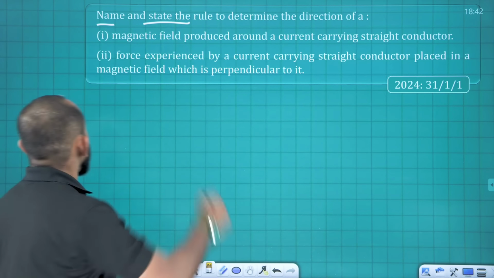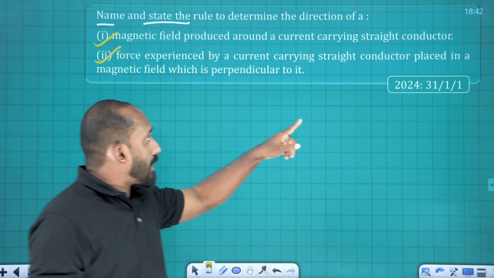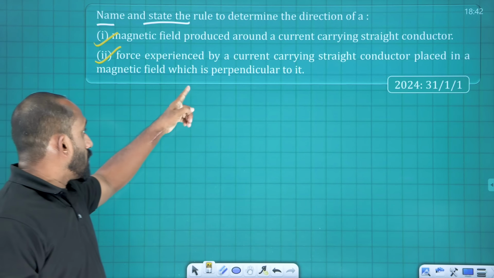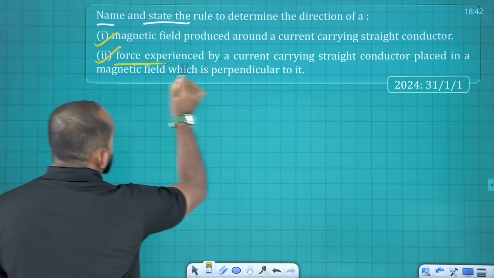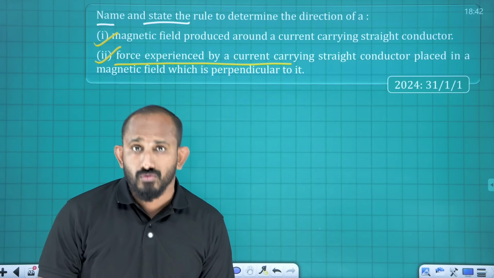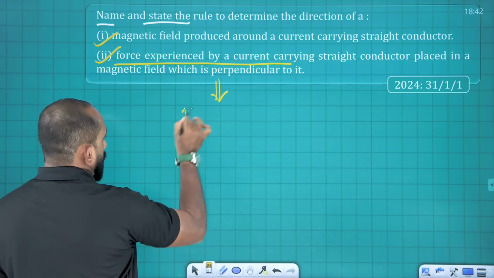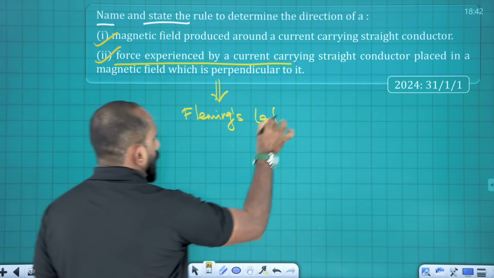Previous slide. Then 2. Force experienced by a current carrying straight conductor placed in a magnetic field which is perpendicular to it. So, to determine the force experienced by a current carrying straight conductor, to find the direction of force, what we use, Fleming's left hand rule. The name of the rule is Fleming's left hand rule.